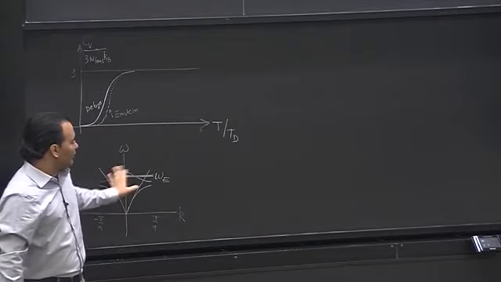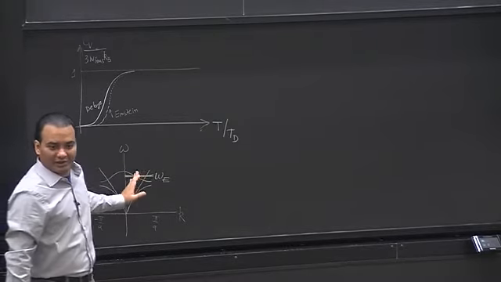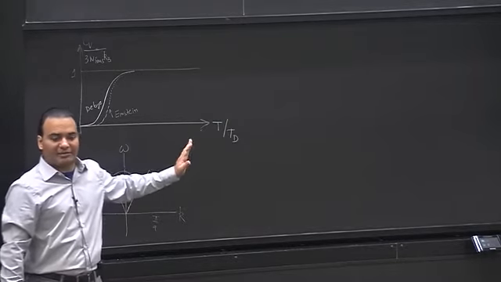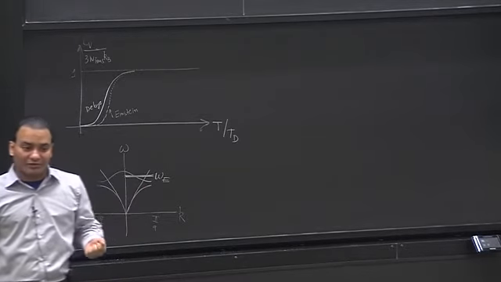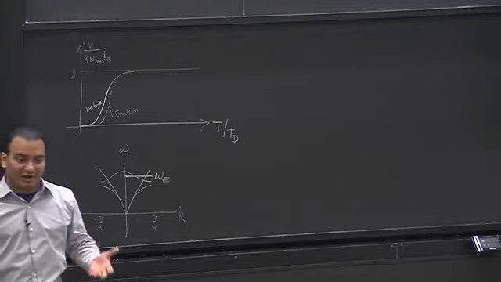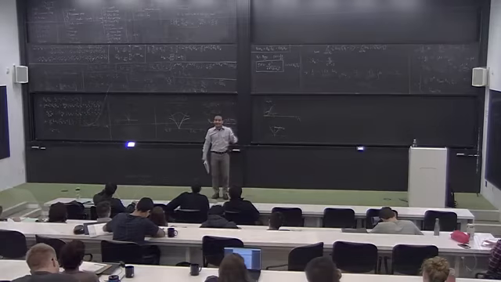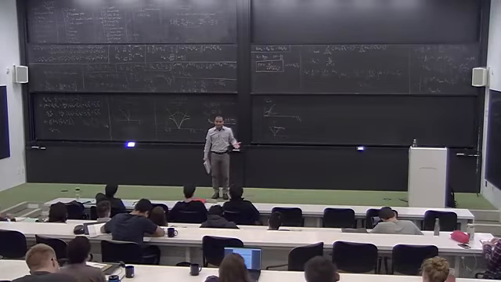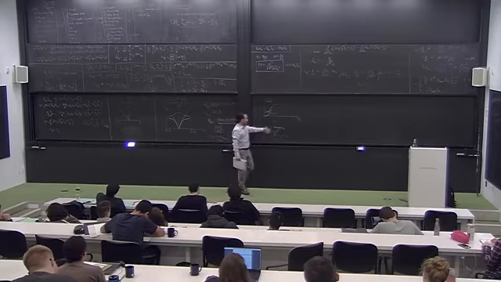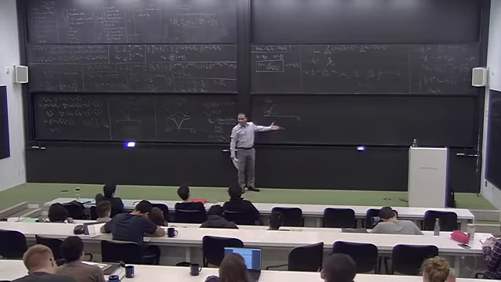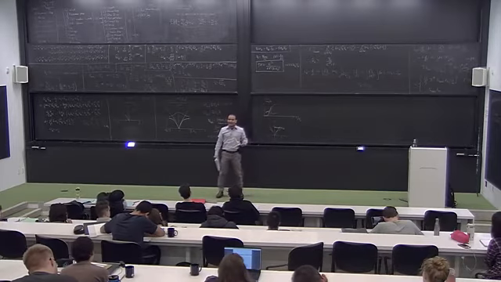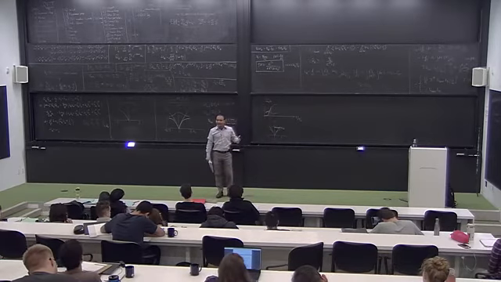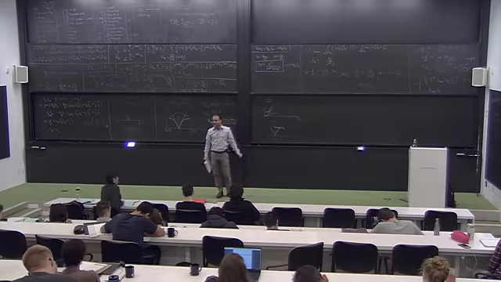So we're just going to continue this with a linear approximation, and that improves the calculation. But the Einstein model is still very useful if you have a solid which has a nearly flat optical branch. So these types of approximations are very useful in condensed matter to simplify the calculation and still get a behavior which qualitatively agrees with the experiments.